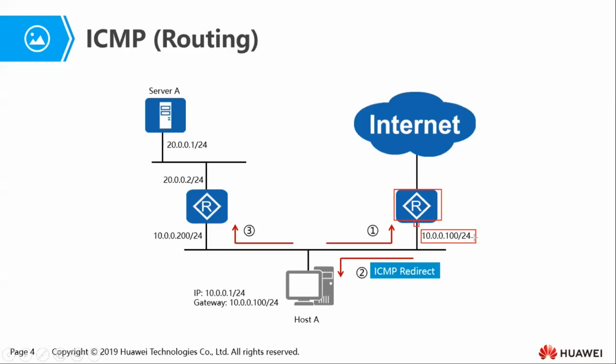So here we've done VLSM. The other thing is here, host A also has an IP address that is in the same network as that particular interface of our router. The IP address of host A is 10.0.0.1/24.